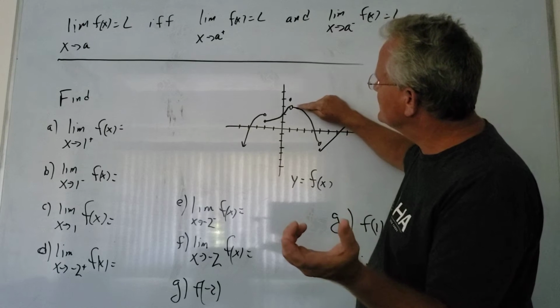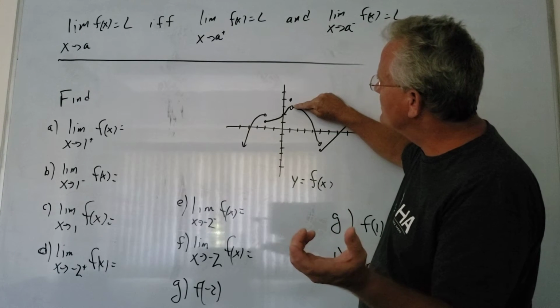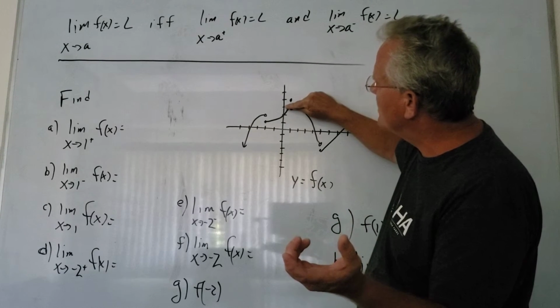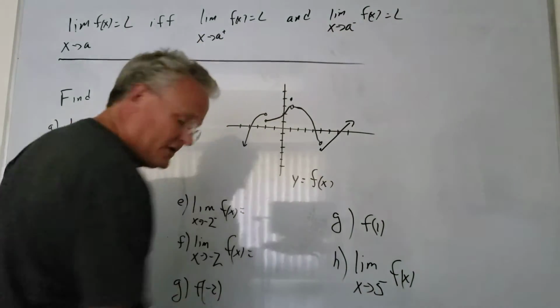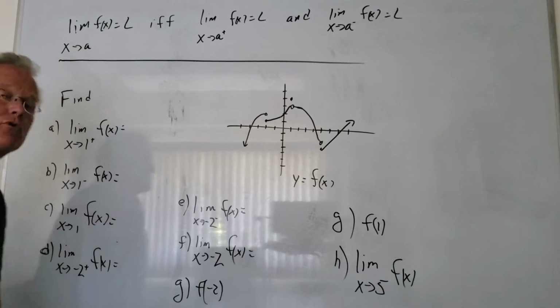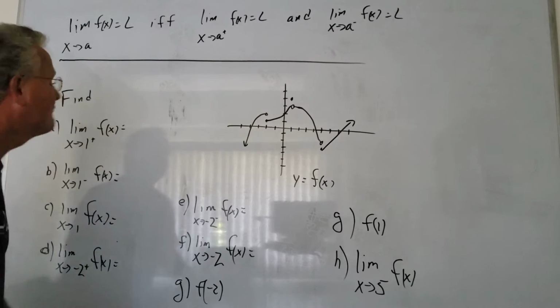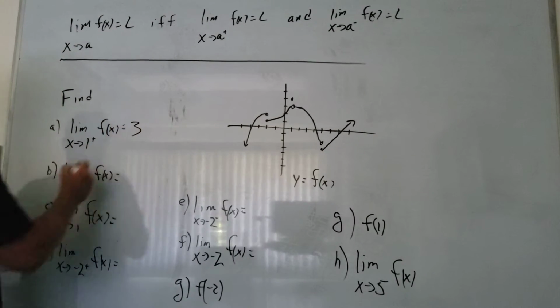But what does it look like we're going to get to as we get closer and closer? It looks like our value of y is going to be 3. So that's what our L is, the limit as we approach 1 from the right is equal to 3.